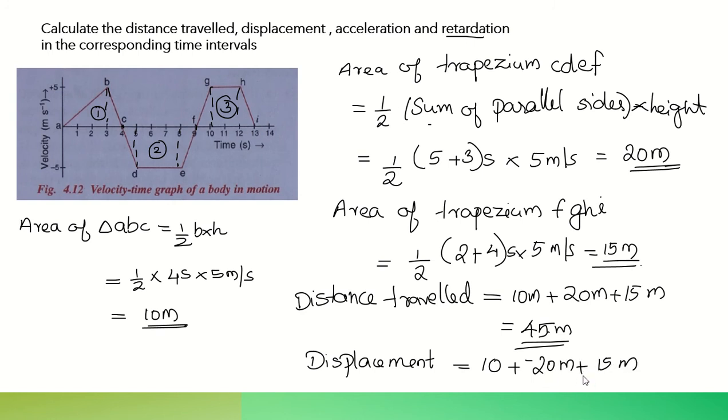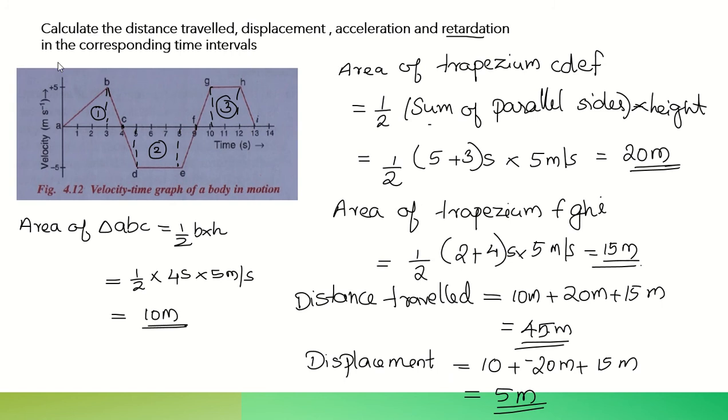So minus 20 plus 15 is minus 5, 10 minus 5, that is 5 meter. Understand the difference here. Distance traveled by the body is calculated as 45 meters and displacement of the body is calculated as 5 meters. Hope you understood. So whenever the graph goes to the negative axis below the x-axis, when you are calculating displacement, you have to put the negative sign for that.